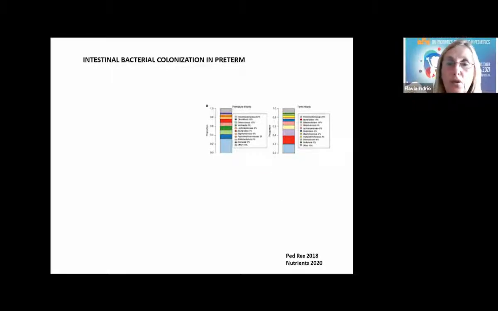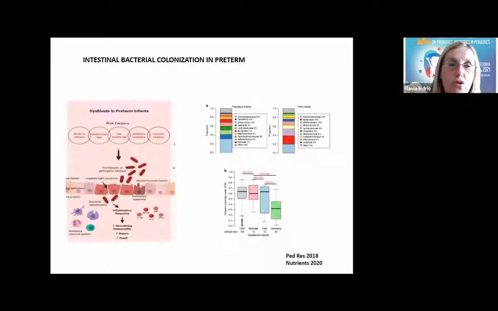What can this provoke? For sure a dysbiosis. Look at the right part: when the baby is extremely premature, and even with moderate premature birth, we have a totally different colonization from the term. So in the preterm, who is just born preterm, we don't do anything, and we already have a dysbiosis.